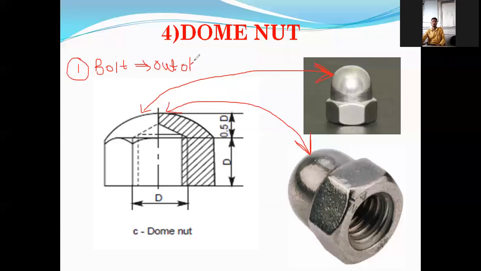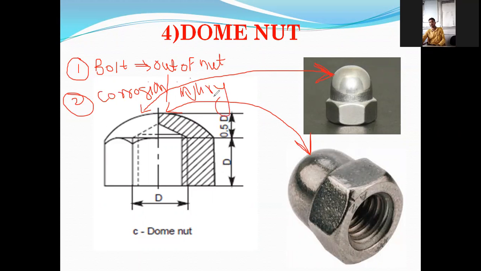Why should it not come out? The main purpose is that the bolt end should not come out of the nut, to avoid corrosion, and the second one is injury to the operator.